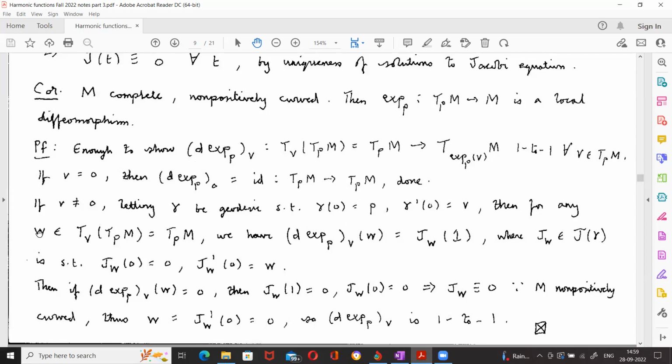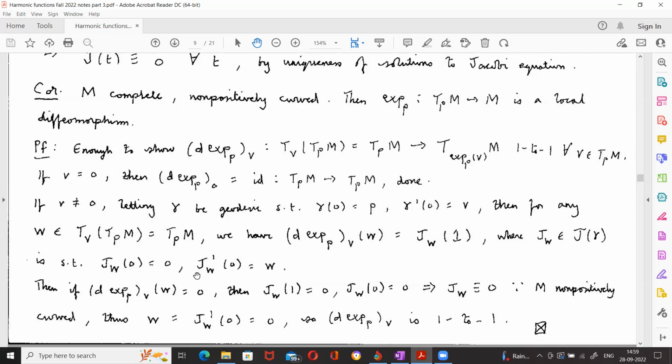Then for any w in the tangent space at v to T_pM, which you identify with T_pM, we know that d(exp_p) at v of w is equal to J_w(1), where J_w is the unique Jacobi field with initial conditions J(0) equal to 0 and J'(0) equal to w.